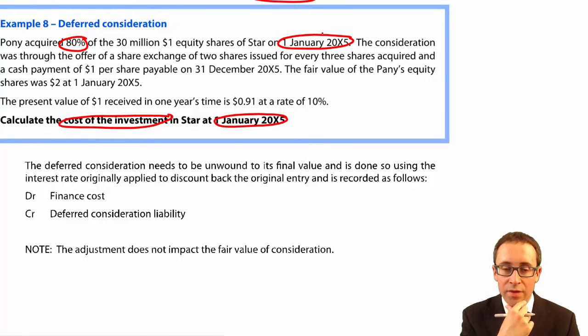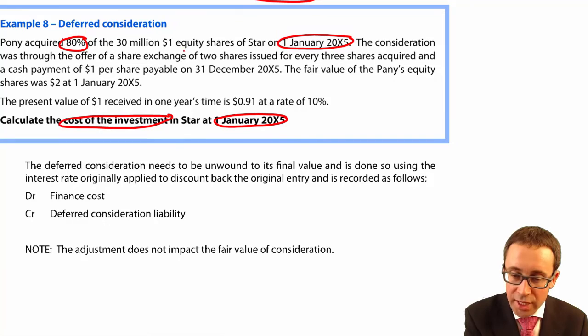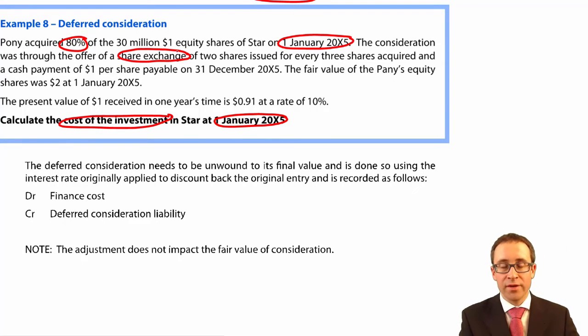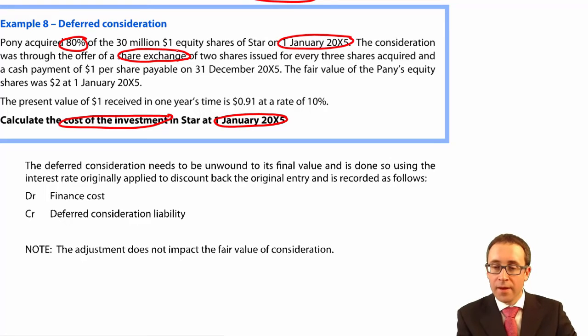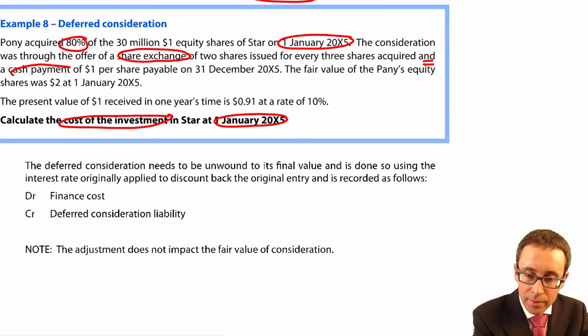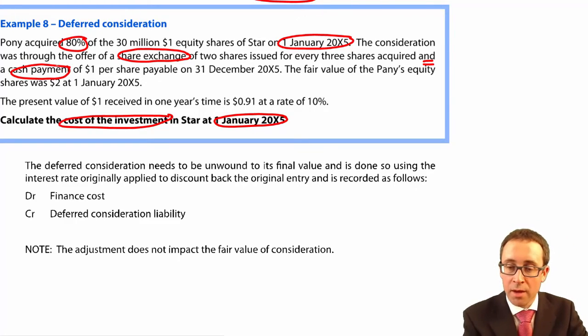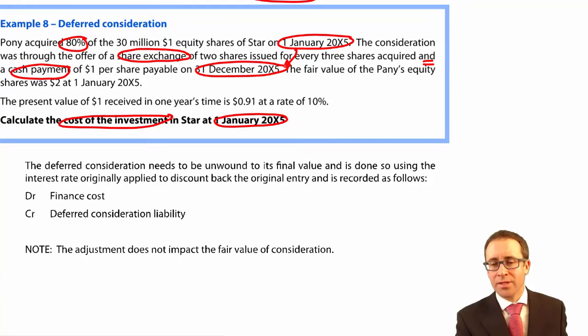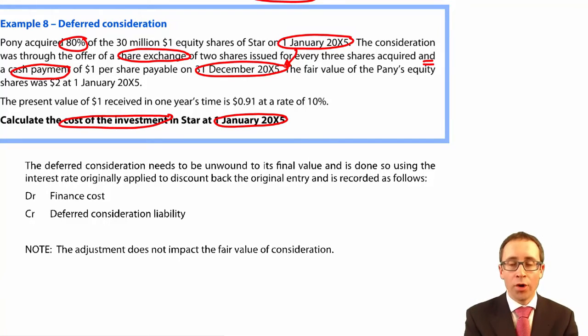The consideration was through the offer of a share exchange. So we will need to play around with a share exchange as we did in that previous example in the previous video. And also a cash payment of $1 per share payable on the 31st of December X5. So that's a deferred cash payment, isn't it? And it is deferred by 1 year.